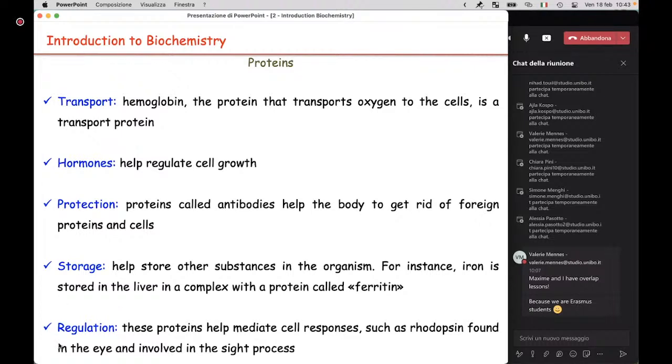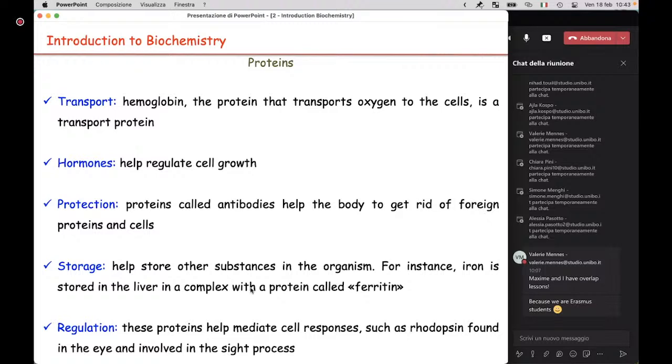And also a regulation function. In this case, proteins can, let's say, transport information. For example, rhodopsin is a protein that changes its structure if it is struck by light.